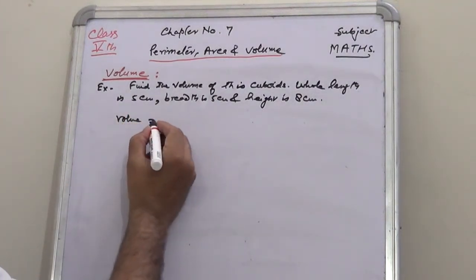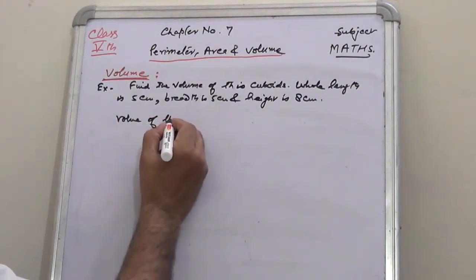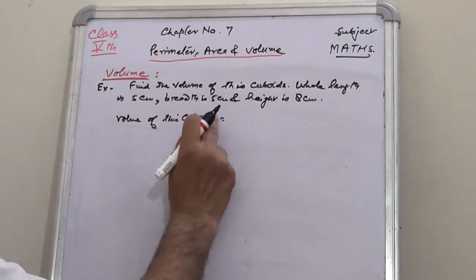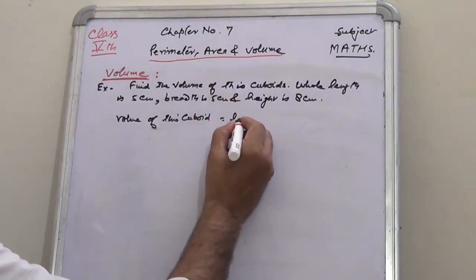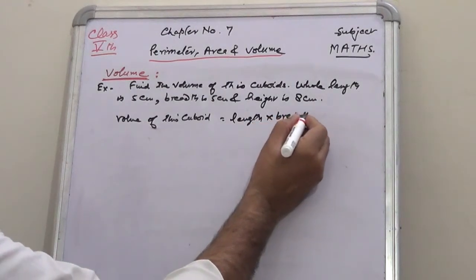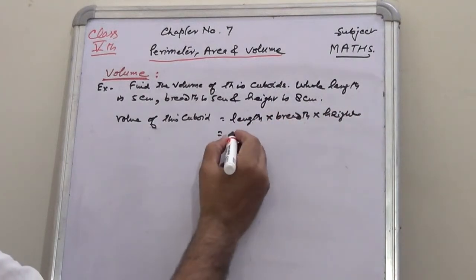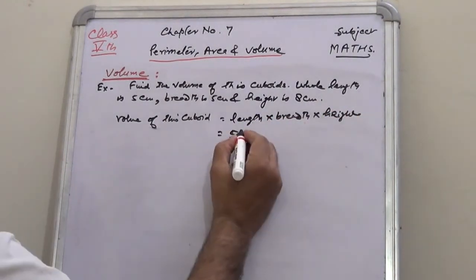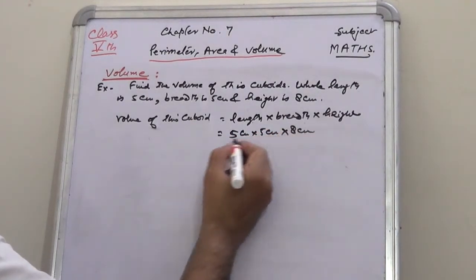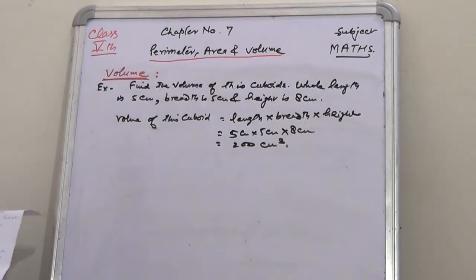It is quite simple. We will apply the formula. Volume of this cuboid will be length multiplied by breadth multiplied by height, which is 200 centimeter cube.